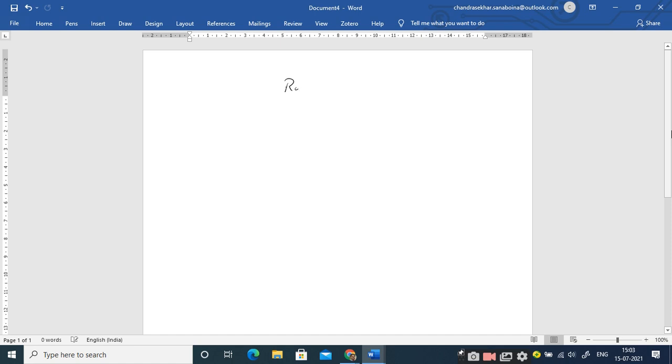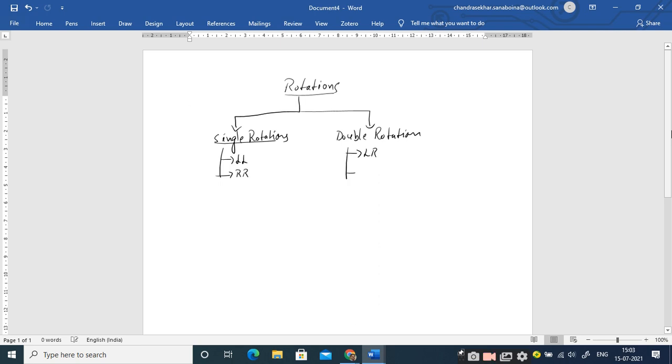Rotations are categorized into 2 things. One is the single rotation and the other category is double rotations. And under the single rotations we have the LL rotation and the RR rotation. And similarly in the double rotation we have this LR rotation and RL rotation. This is what you have to do. Is it clear?